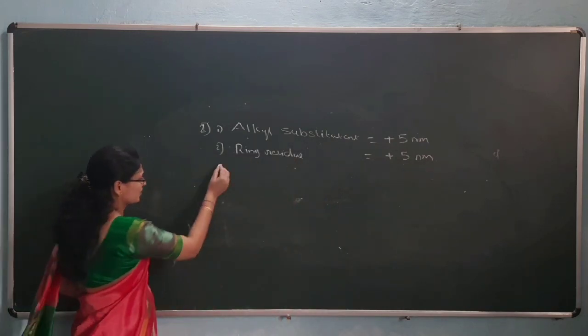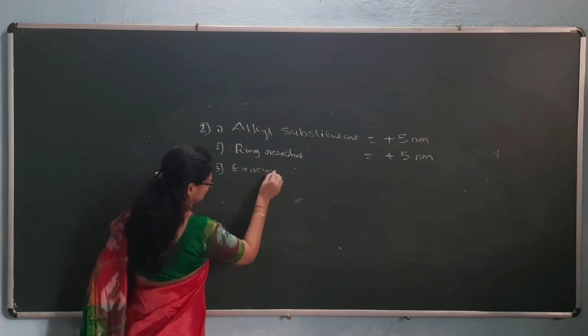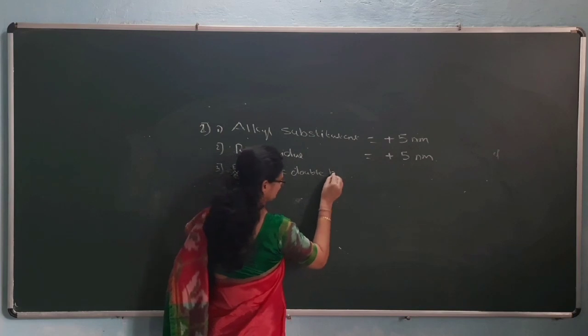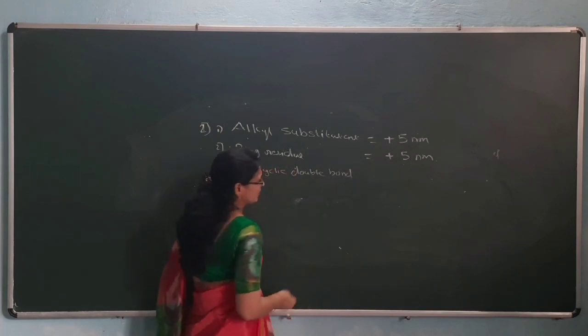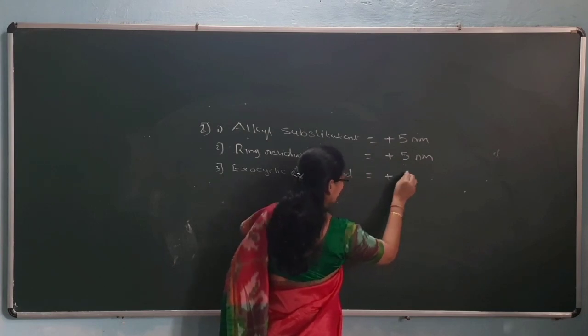Next, the exocyclic double bond, to this you have to add plus 5 nanometer.